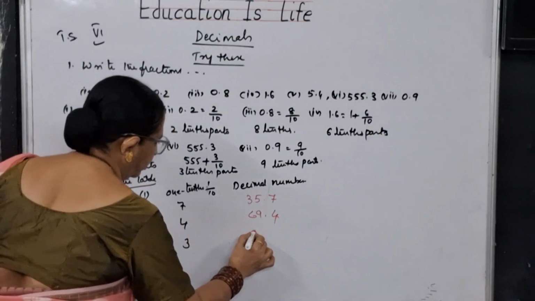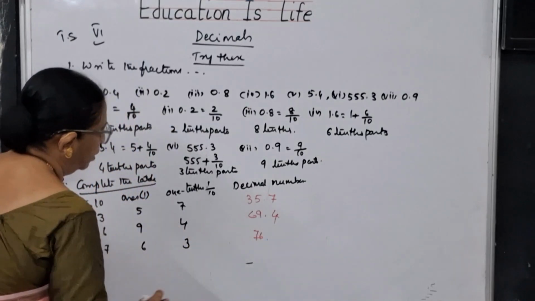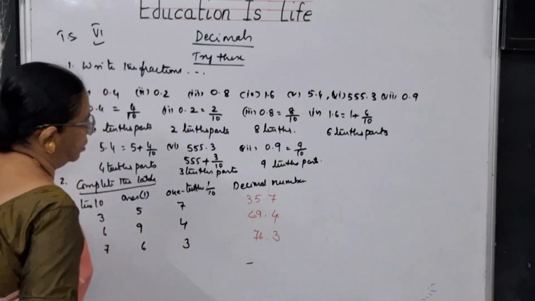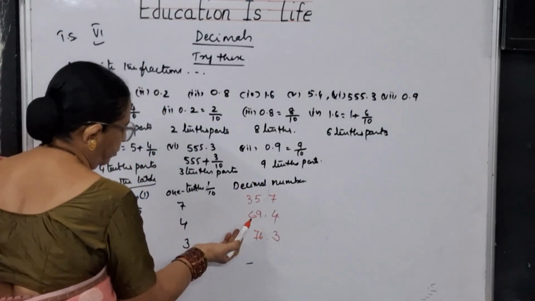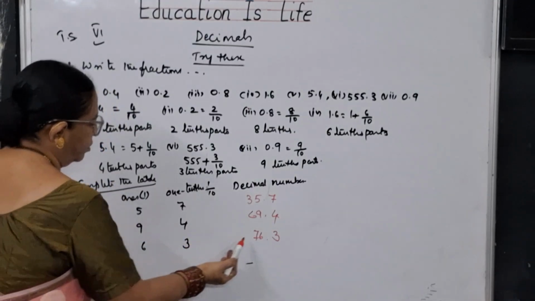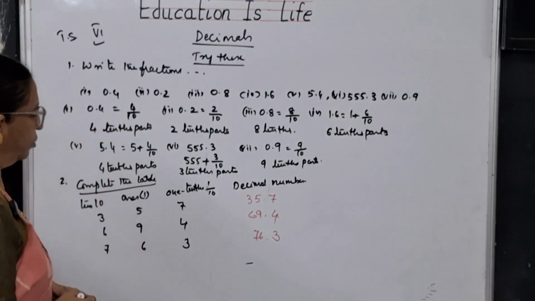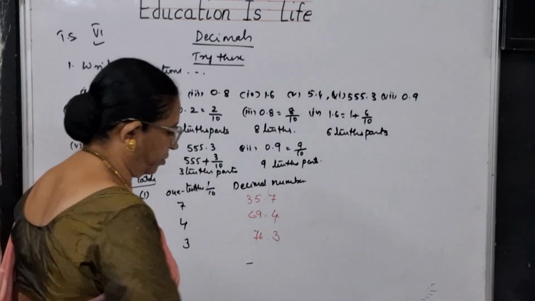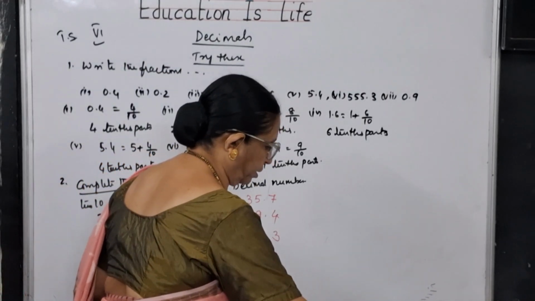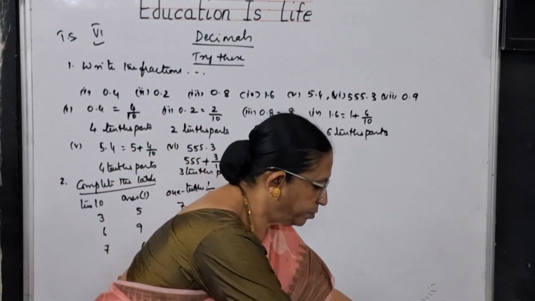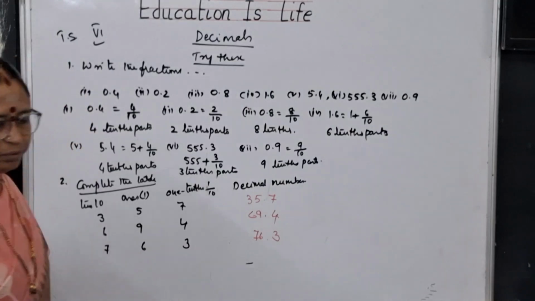Here 76 is the integral part and 3 is the decimal part. So 35.5, 69.4, 76.3 are the solutions for this table, children. Please copy it. I hope I am clear.